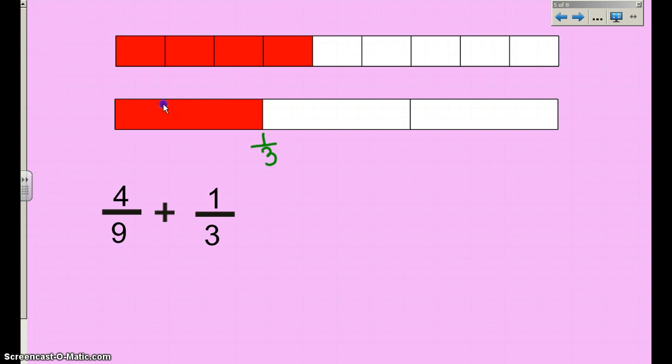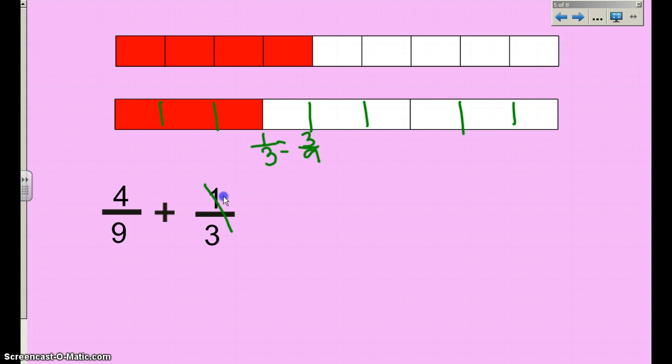But I'm going to take it and divide the bottom model into 9 equal parts. So 9 equal parts is what I have on the bottom. How many are red? 3. Good. So 1/3 is equivalent to 3/9.